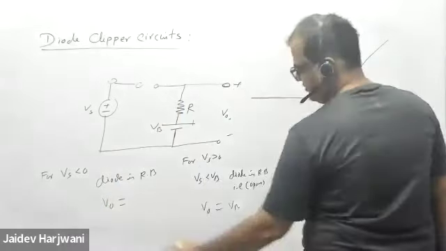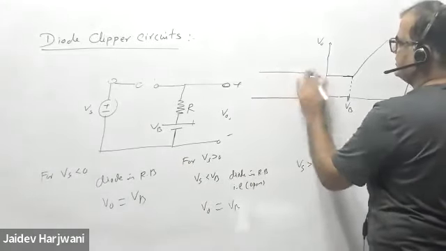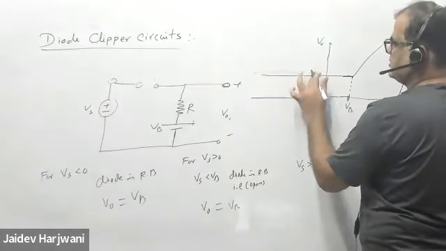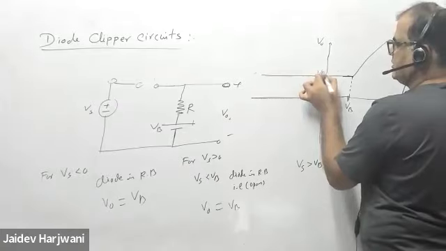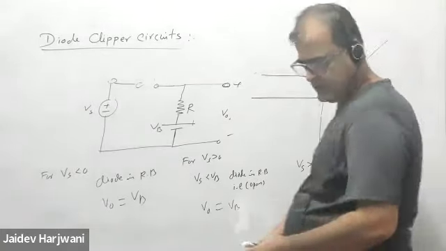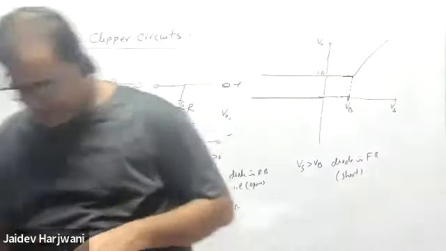VB. VB always. So this will continue for the negative cycle. VB. Okay. Now make it for a sine wave. If it is a sine wave, what will happen?